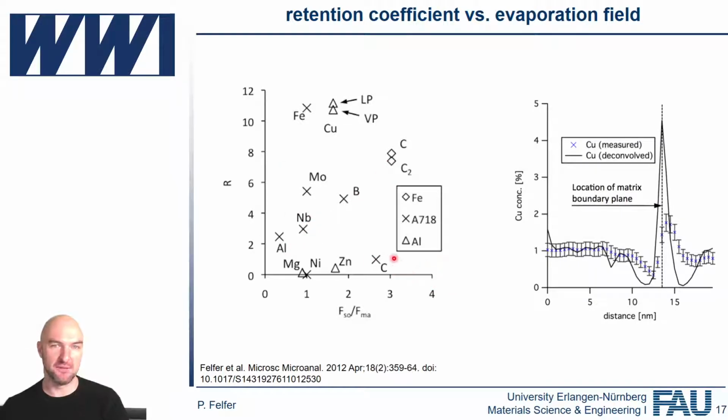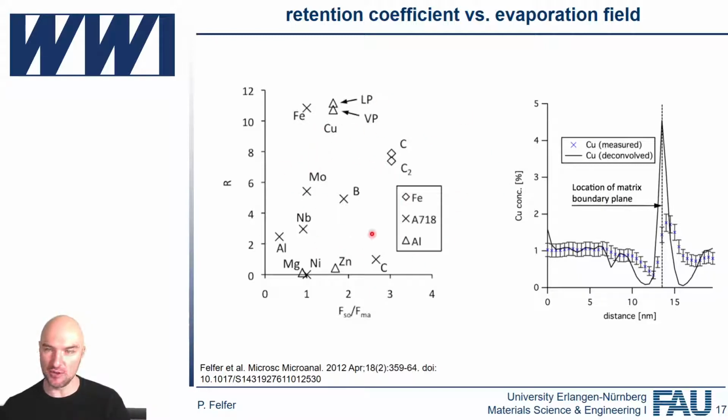But for example, if you look at carbon in nickel, it doesn't stick, but carbon in iron, for example, sticks a lot more. This is obviously partially due to the fact that our theories for evaporation fields are highly flawed, but it might also have other reasons that we currently don't know.